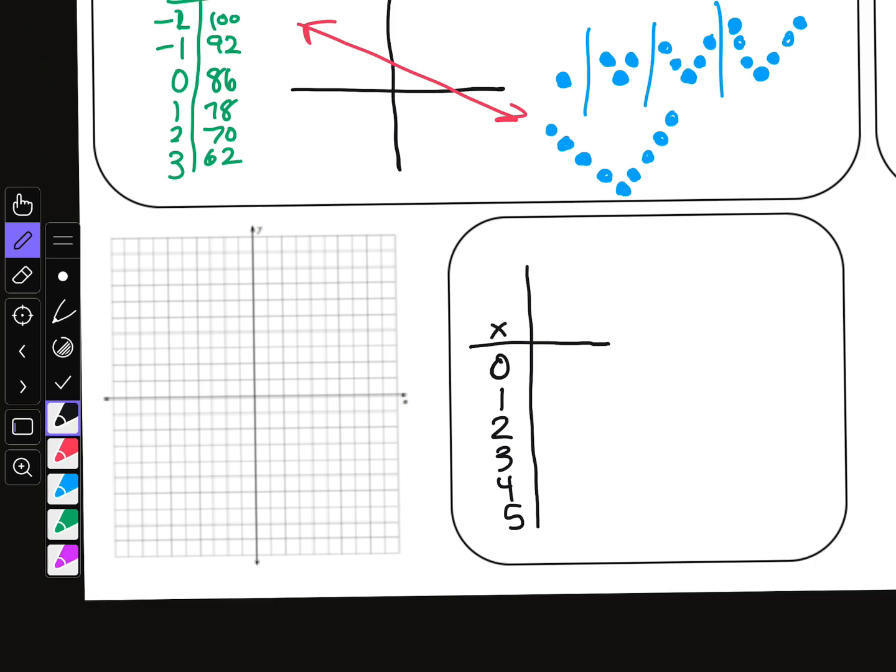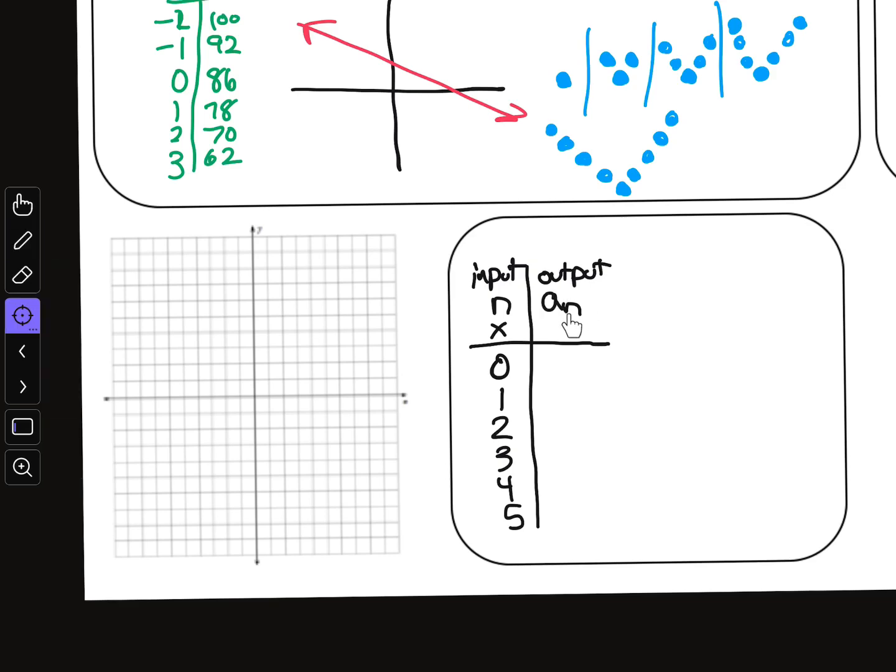Okay, so sometimes we call this the x. We'll sometimes call it n, but it's the input, right? This side's the output, which sometimes we may call a sub n. Now, if that looks crazy, okay, we're going to deal more with this guy, so don't freak out too much. And we've got the y, or we'll use f of x, which is dealing with a function notation, okay?